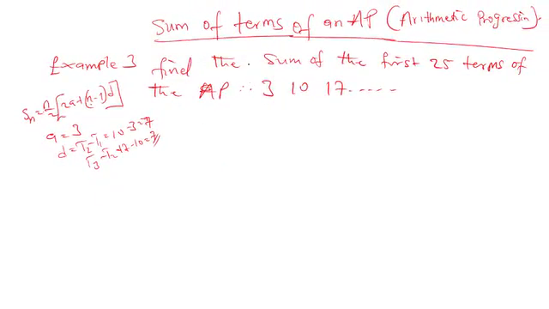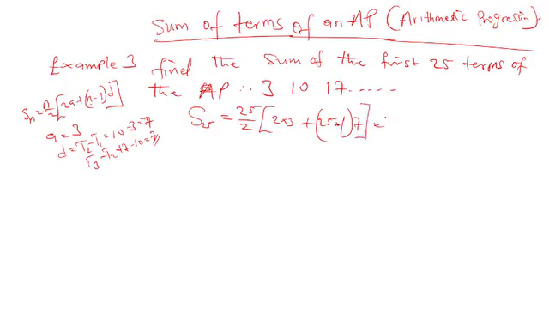They said find the sum of the first 25 terms of the AP. So we are considering the 25th term, then we sum it up. S25 should be equal to 25 over 2 in bracket 2 times 3, because 3 happens to be the first term, plus (25 minus 1) times d, which happens to be 7.